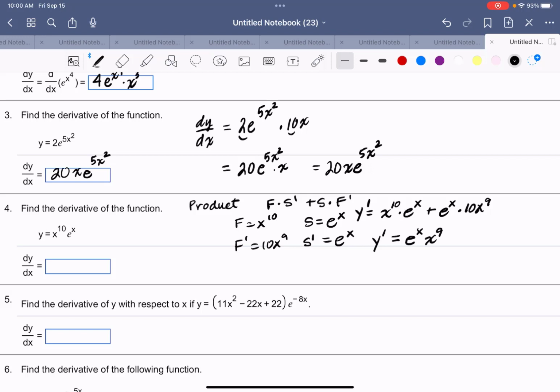So I'm taking out the common factors. What would be left would be an x plus 10. So e to the x times x to the ninth times, in parentheses, x plus 10. So e to the x, x to the ninth times x plus 10. That is our final answer.